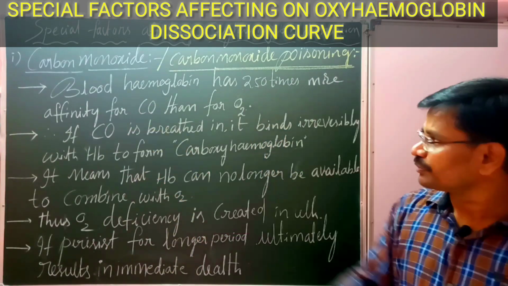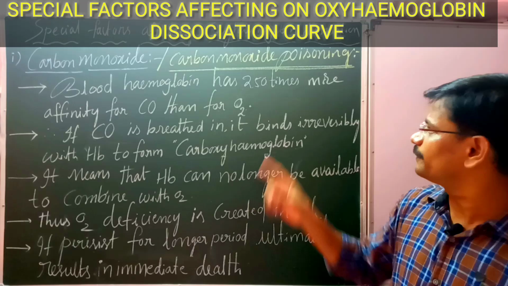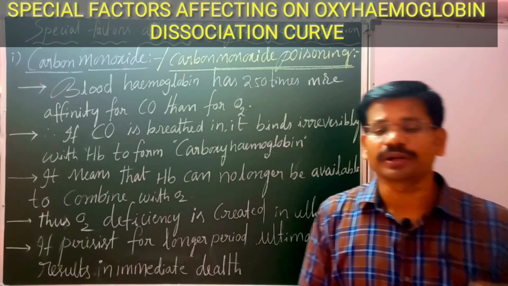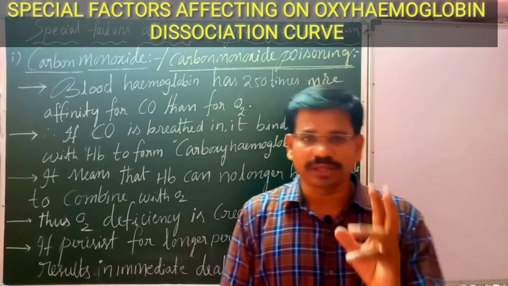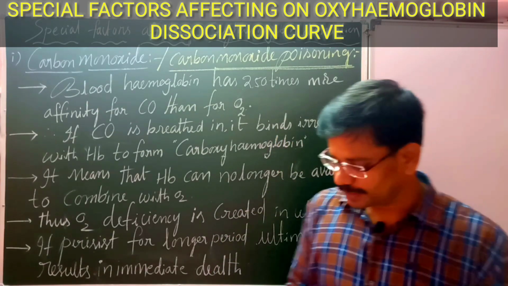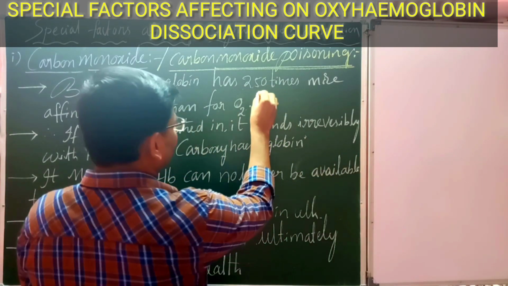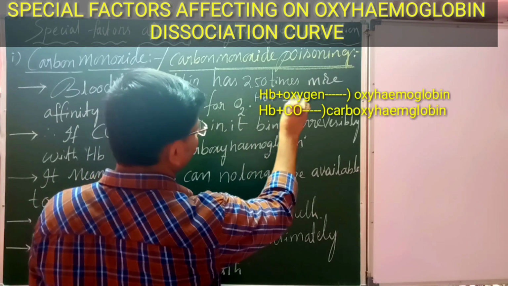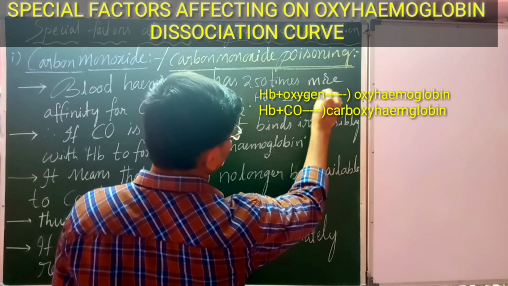Let me explain. Blood hemoglobin has 250 times more affinity for carbon monoxide than for oxygen. See here, there are two important reactions we have to remember. One is hemoglobin reacting with oxygen to form oxyhemoglobin.